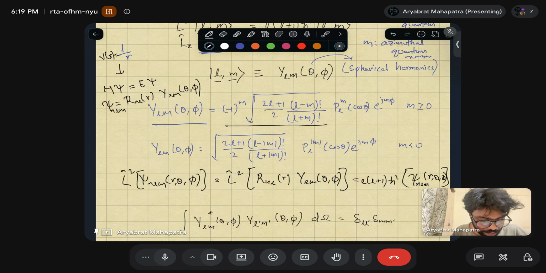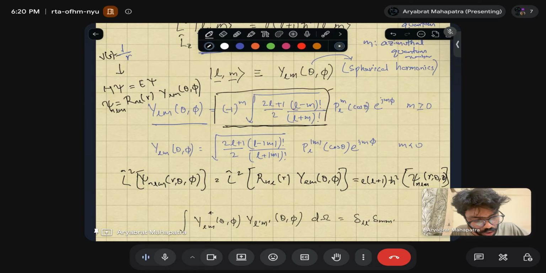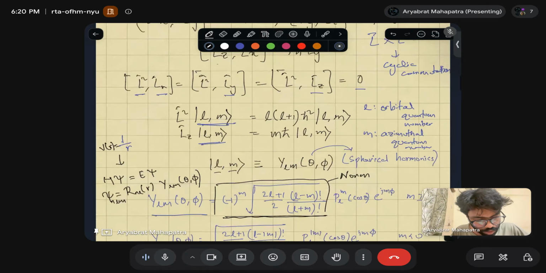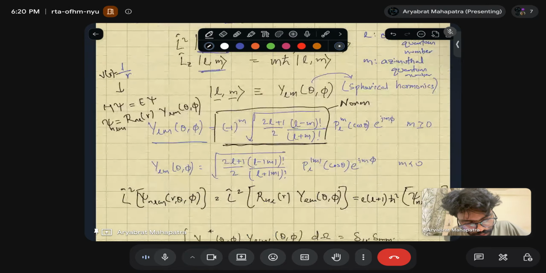To get this detailed expression, you have to solve the Schrodinger equation thoroughly, and then you will get the exact expression. When you do that, you will find a constant, which is basically a normalization constant. This is the norm part of the expression of the eigenfunction. Remember, this is the eigenfunction.